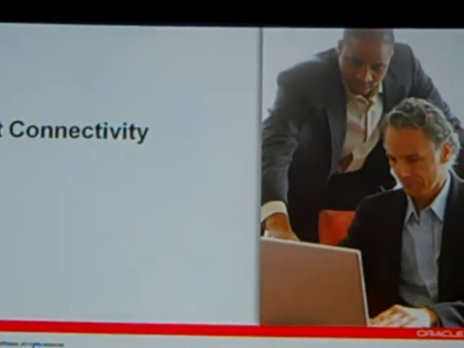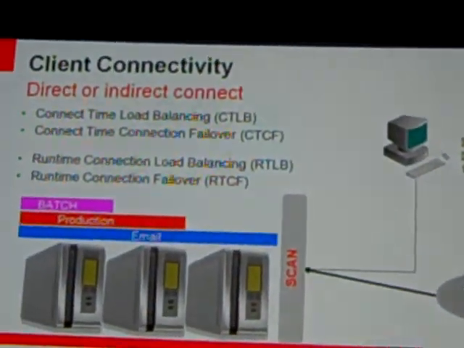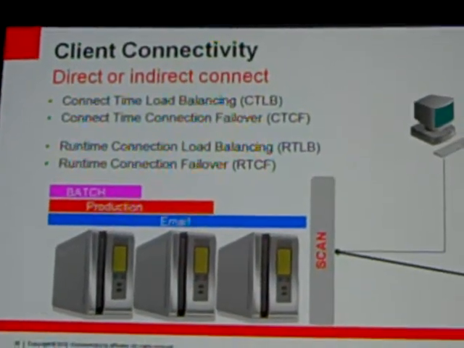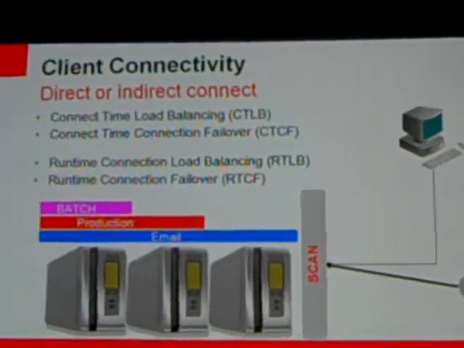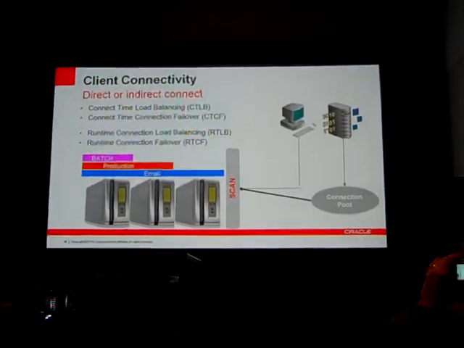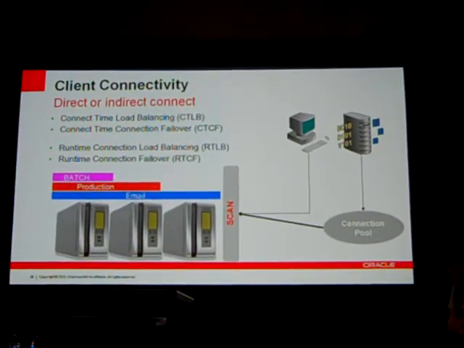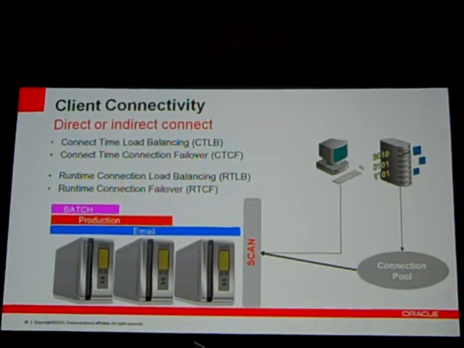And that brings us to something very important, which is client connectivity. How does the client connect to the scan listener? Last year I talked about it, and I made four fundamental distinctions, but they are subsequent. The first distinction is the client, as such an application, can either directly or indirectly connect to the database. What do I mean by this?